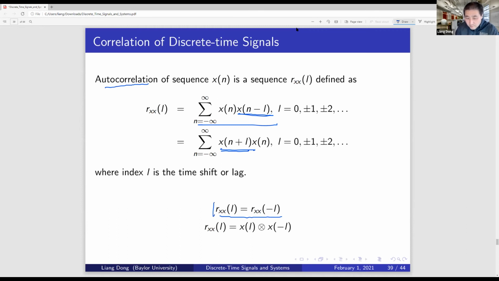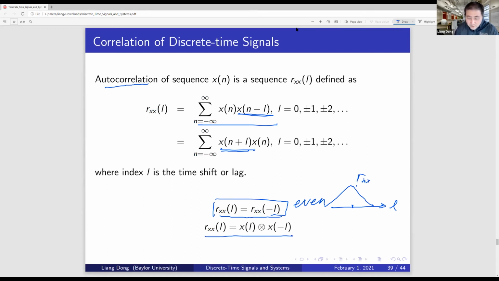Now, what does that mean? That means the autocorrelation is an even function of time lag L, and it looks something like that. This is my R_XX.